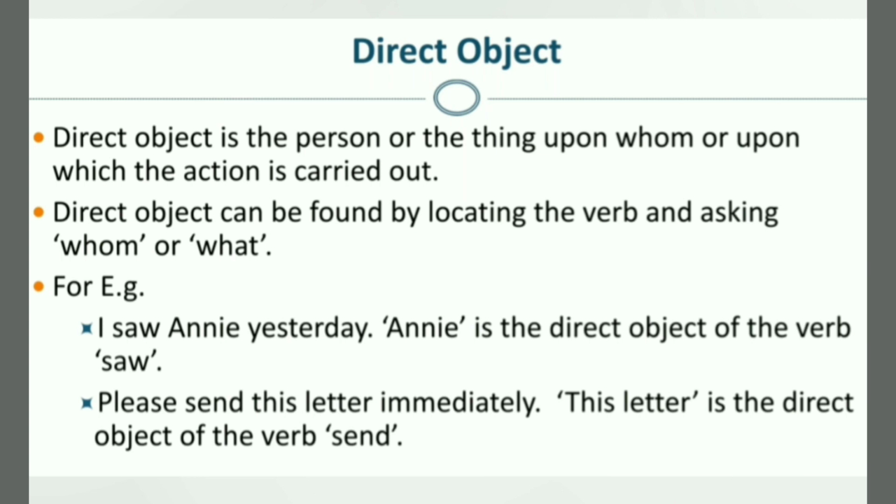For example, I saw Annie yesterday. In this sentence, saw is the verb, and when I ask the question, saw whom, I get the answer, Annie. Hence, Annie is the direct object of the verb saw.